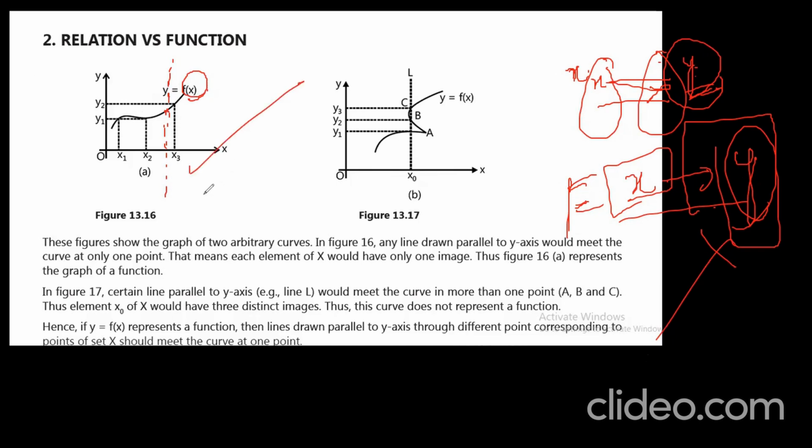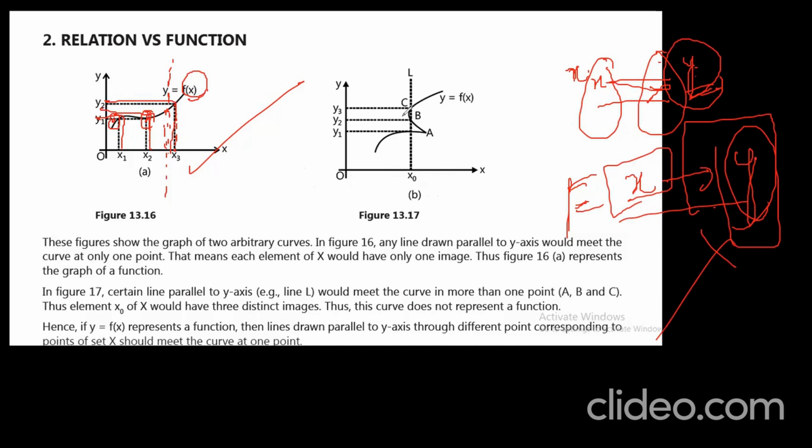Yes, no doubt it is a function. Why? At any point on the x coordinate, you are getting only a single y coordinate. For x1 you are getting y1, for x2, y2, and for x3 you are getting y3, like that.